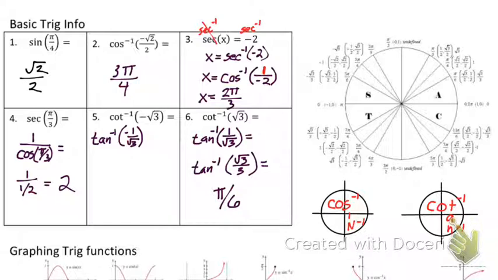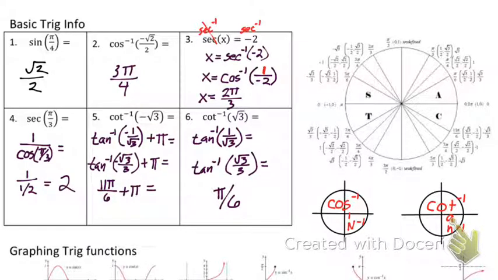So I'm going to say because I'm taking the cotangent inverse of a negative, I'm going to add pi to whatever my final answer is. And that's going to equal, like we said, tan inverse of negative square root of 3 over 3, plus pi. Negative square root of 3 over 3 is going to be 11 pi over 6 plus pi.